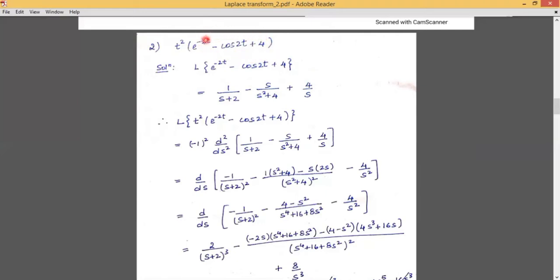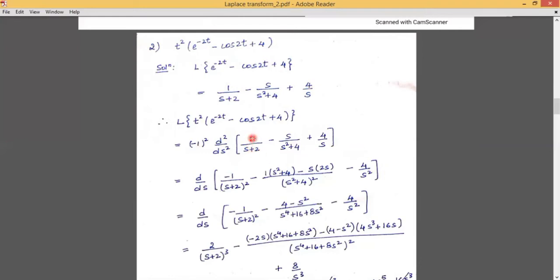When you want to find the Laplace transform of t square into this, you need to use the theorem, that is minus 1 whole square d square by ds square of this function. Minus 1 whole square is plus 1, and when you differentiate this once, I have written d by ds and differentiated this once.